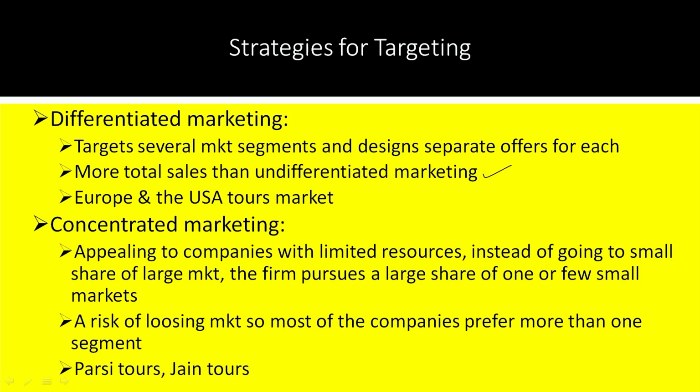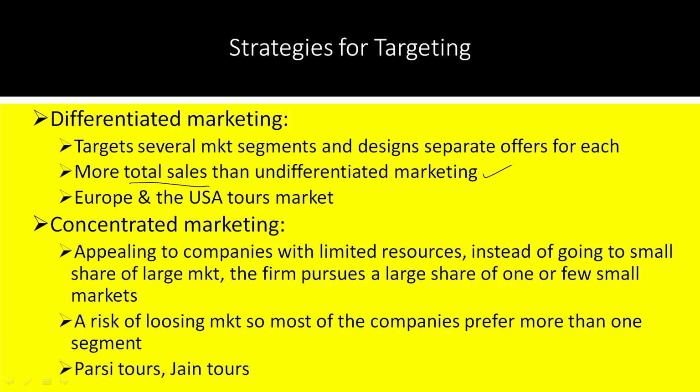Okay, though mass marketing is there, mass distribution is there, and the total cost of producing the product has gone down, still, since the market is not differentiated efficiently, total sale is not so good. When we do differentiated marketing, we can serve customers in a better way, because we are catering to them as per their requirement, making the product as per their requirement. So, more sale is there.